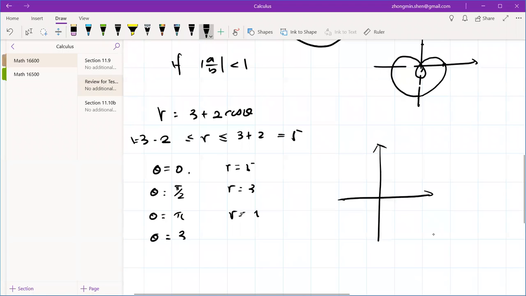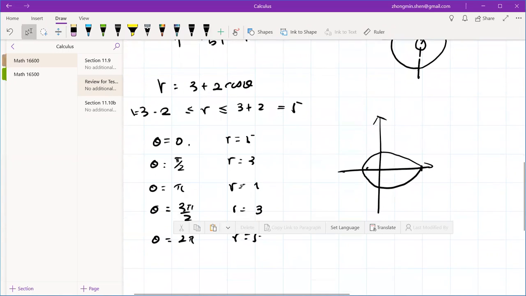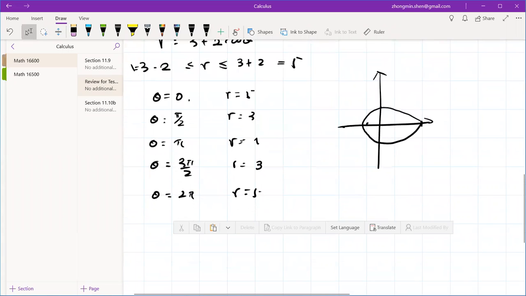When theta equals 3 pi over 2, r is going to be 3 again. Finally, when theta equals 2 pi, r equals 5. So the picture is going to be like that. In the xy coordinate system, this will be -1 and 5. That's enough when you draw the picture.